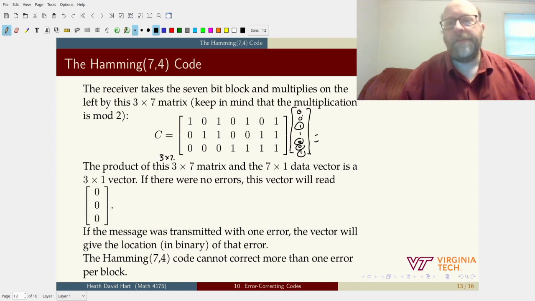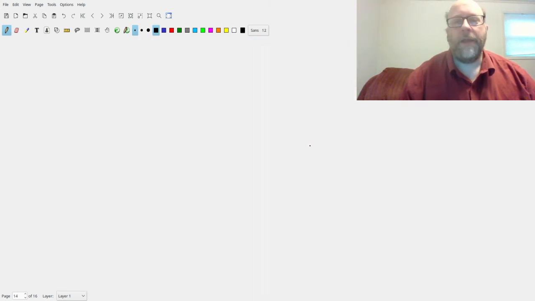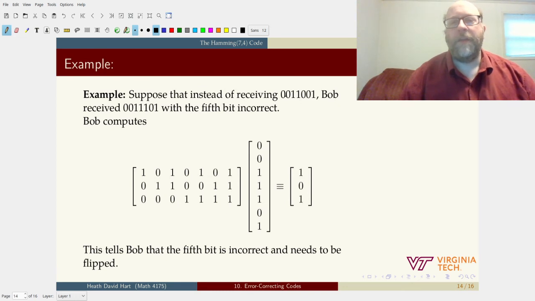So let's take this same message, 0, 0, 1, 1, 0, 0, 1, and pretend that the fifth bit got mangled. Okay? So instead of getting 0, 0, 1, 1, 0, 0, 1, Bob got a 0, 0, 1, 1, 1, 0, 1.